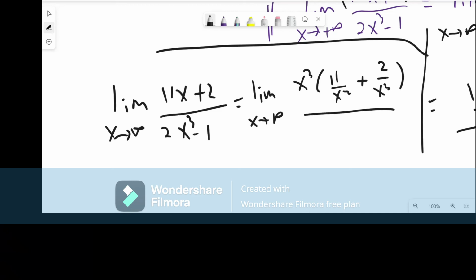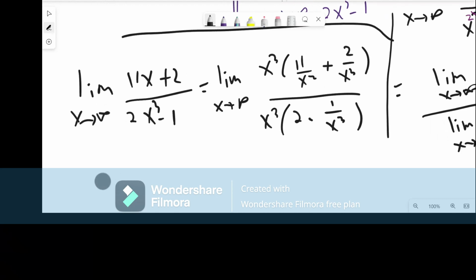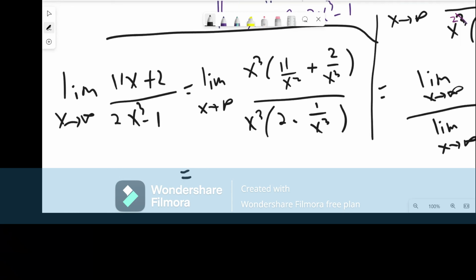Downstairs, I pull out a factor of x cubed, and I have 2 minus 1 over x cubed. I think that is a more appropriate and transparent way of treating these limits. Here I'm going to cancel off x cubed upstairs and downstairs. So I'm left with the limit as x goes to infinity of 11 over x squared plus the limit of 2 over x cubed, as x goes to infinity.